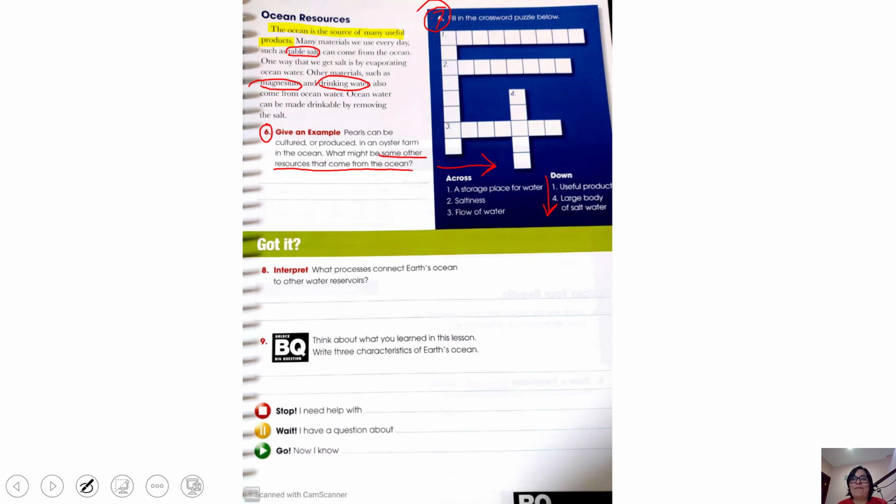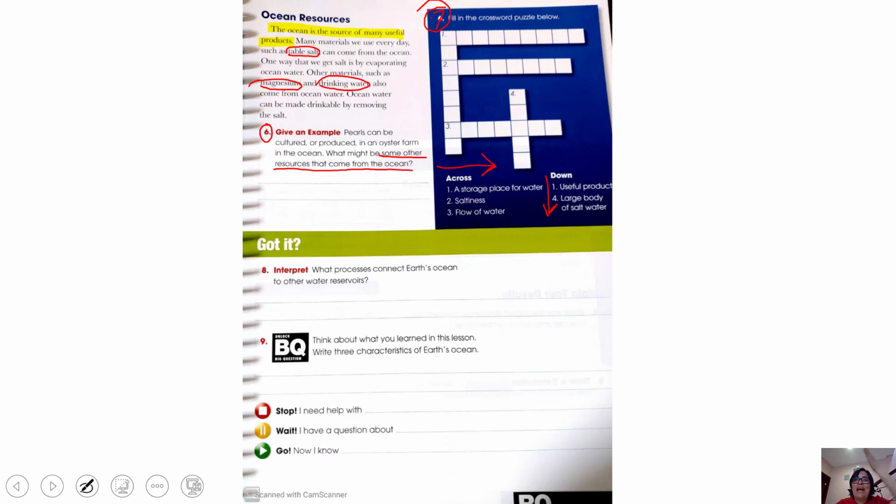Number 2, saltiness, related with salt. What is another word for saltiness, when the water has a lot of salt? That is another word that we saw in this lesson. And number 3, flow of water, when the water goes from one place to the other. In the map we saw all those arrows. How do you call that?